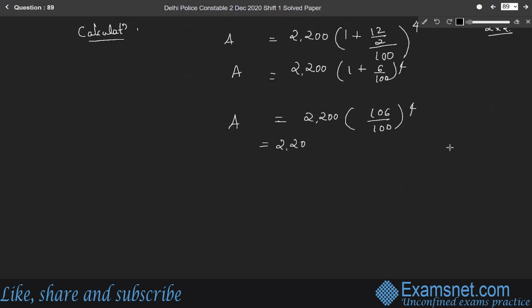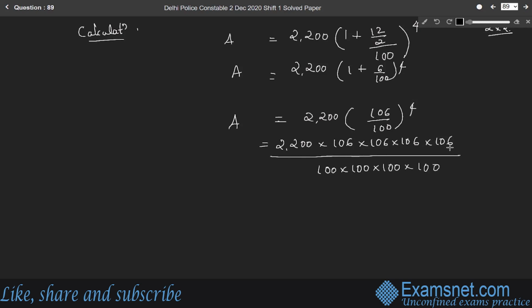So 2200 into 106 into 106 into 106 into 106 whole divided by 100 into 100 into 100 into 100, right? So you can simplify it. So let us go to the calculation part here. So 106 into 106 into 106 into 106, so it becomes 106.